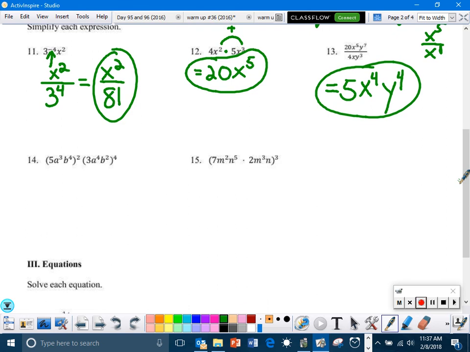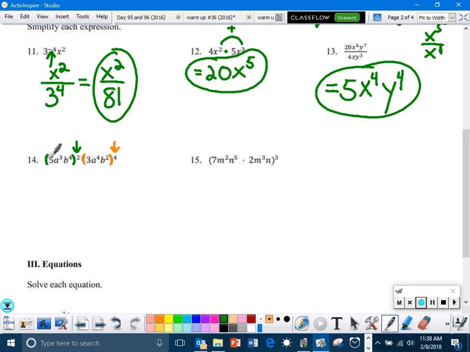Okay, number 14. So you will notice we have 2 groupings. We've got all of this in parentheses, and then there's an exponent right here, squared. We also have this grouped with an exponent of 4. Now remember, only apply the rules to exponents. All right, let's begin with the 5.